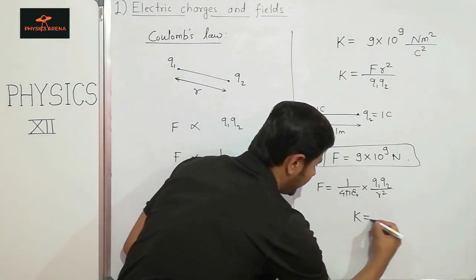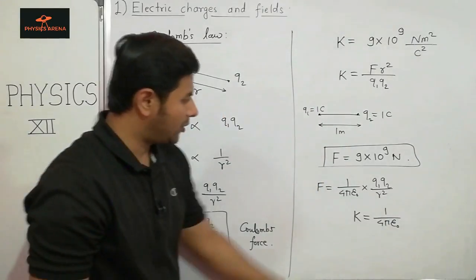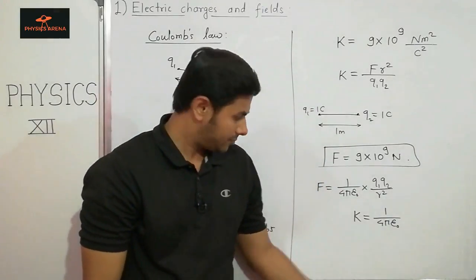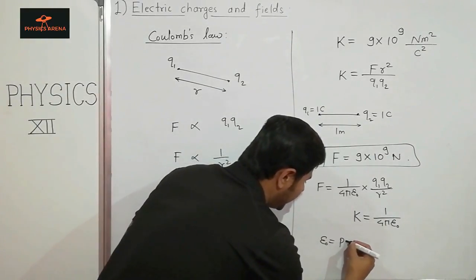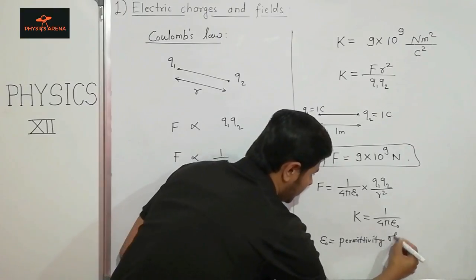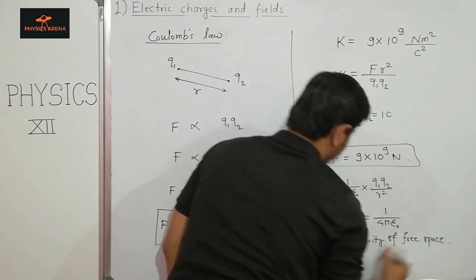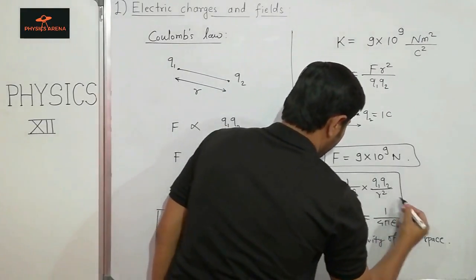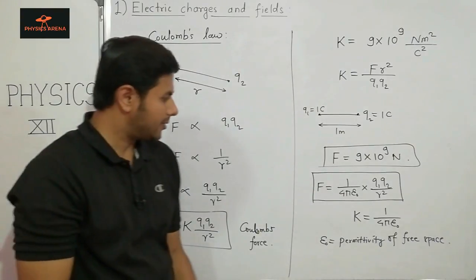We have this new constant, epsilon naught, and we call it the permittivity of free space. So this is one way to write Coulomb's force.